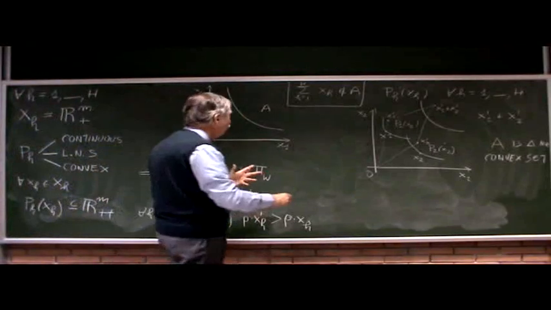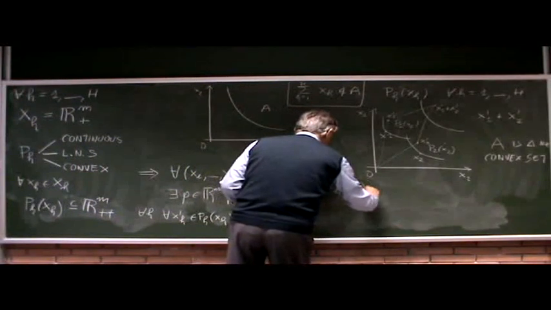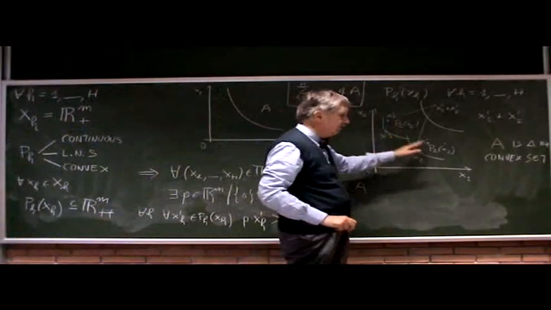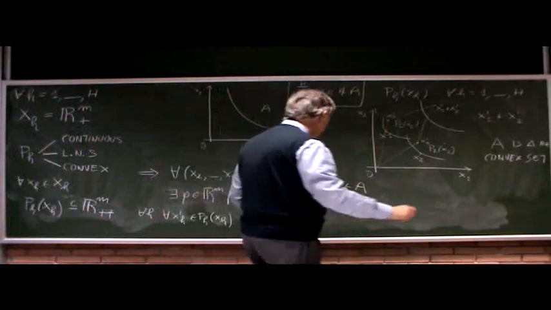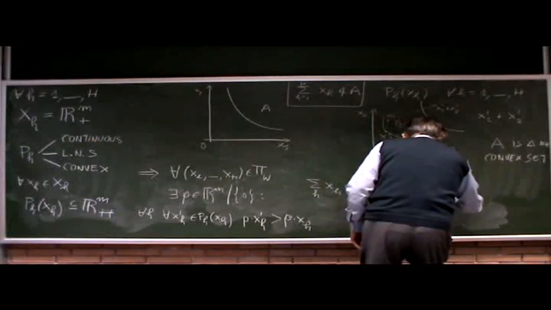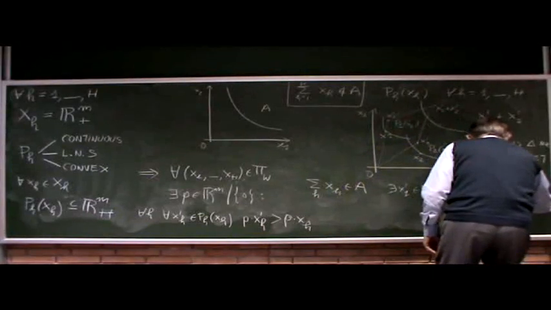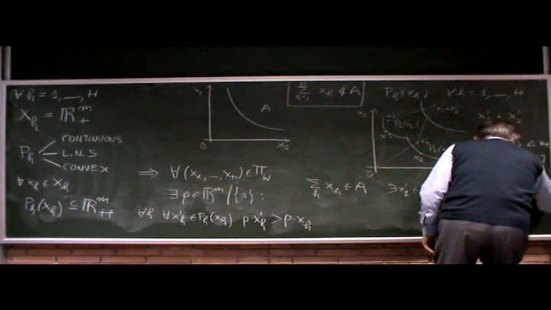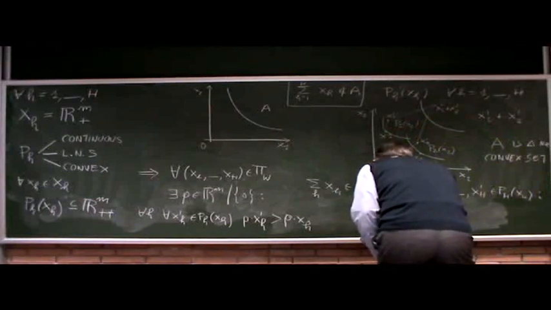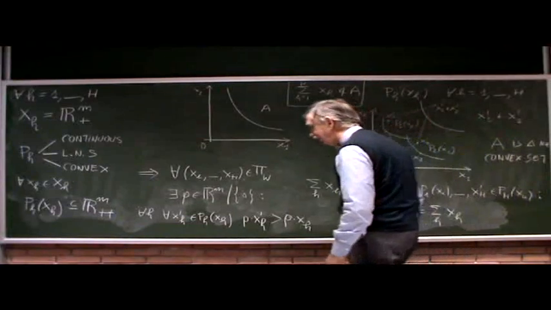Suppose I'm assuming that this sum is an element of A. By the definition of the set A, which is the sum of these sets of preferred elements, there would be x prime 1 which belongs to P1 of x1, etc., x prime h which belongs to Ph of xh, such that the sum of these x prime h is exactly equal to the sum of xh, by definition.